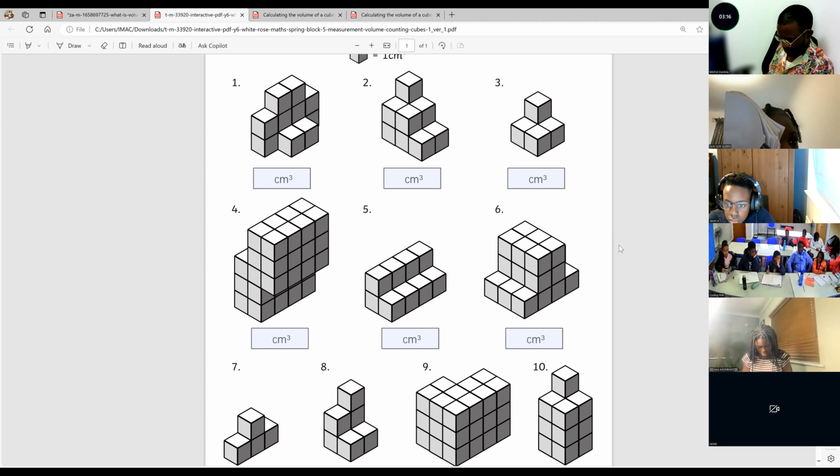There are 3 here. If you can divide them into different sections and then add them up, it'll be easier than trying to count all of them, because you can lose your count. Does that make sense?